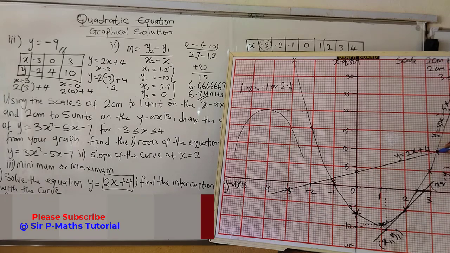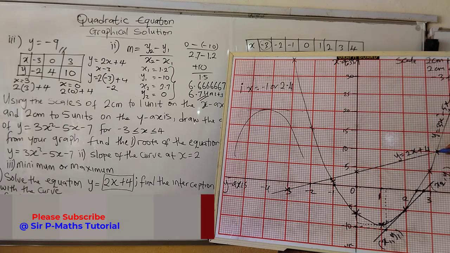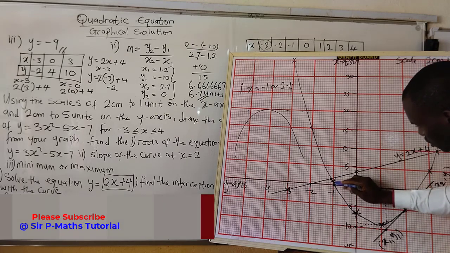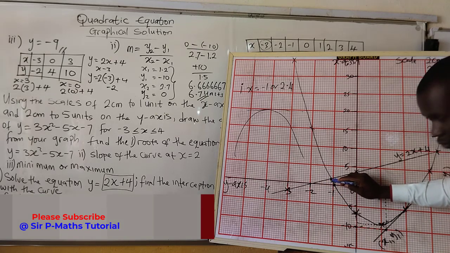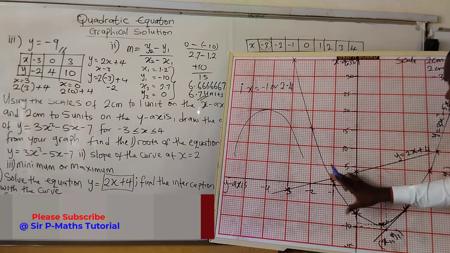The intersection is where the curve touches the straight line. So you discover that, look at this. It is touching here and it is touching here. So you trace it to the x-axis. Trace this one also to the x-axis. This is 1 at this point, but it's adjusted to the next little line if you observe well. So I'll count 1.1. This is negative 1.1.